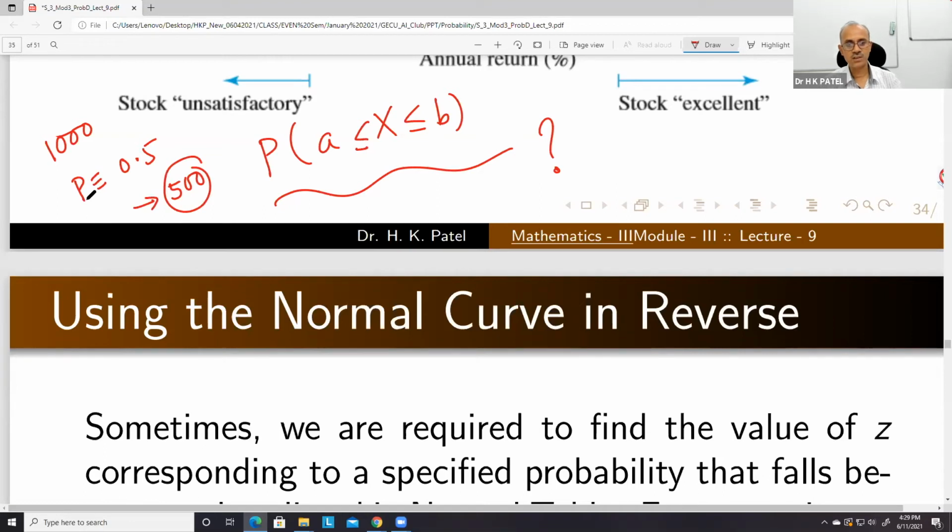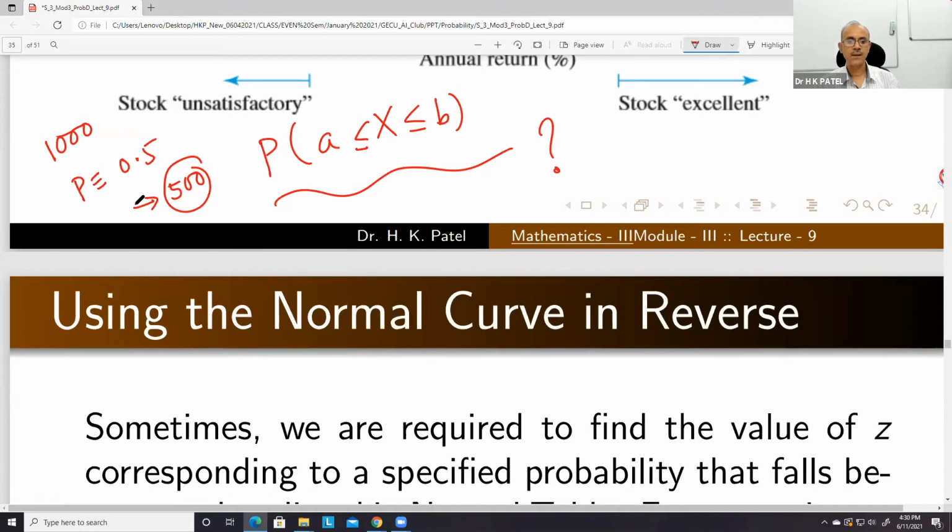We have the population, we have calculated the probability, and therefore we can find the number corresponding to that. So 1,000 is there, P is 0.5, so this much will satisfy the required condition.